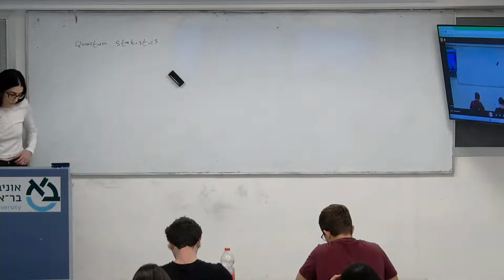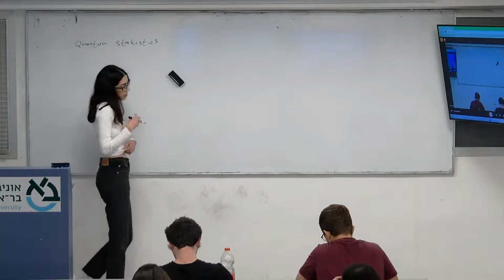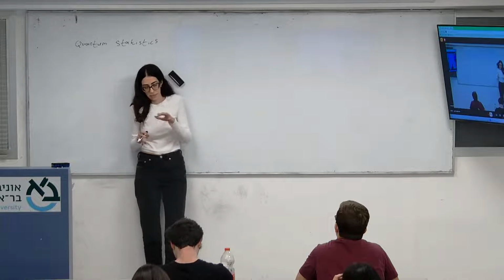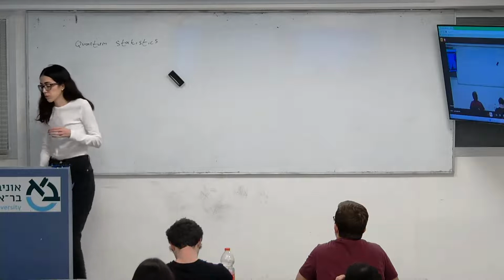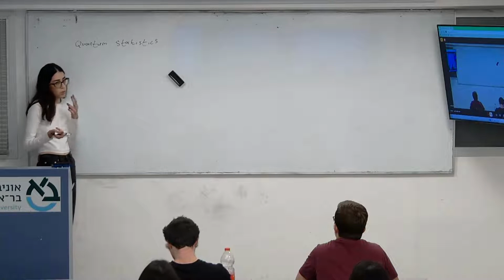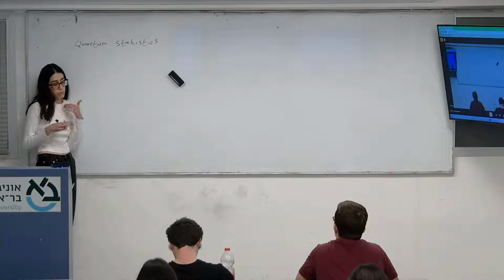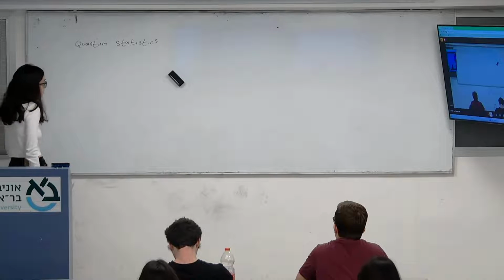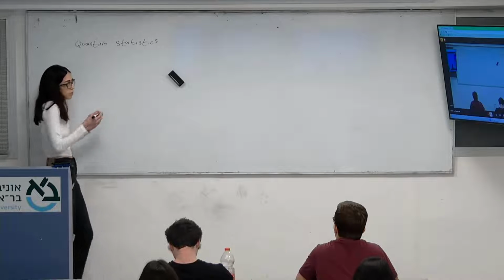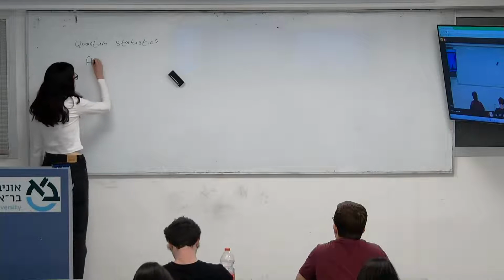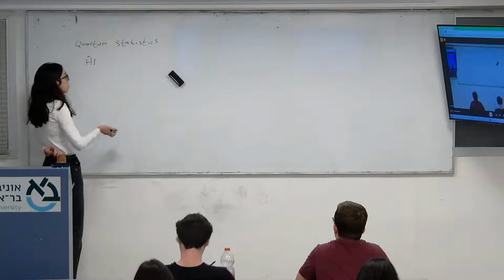So, okay, when we talk about statistics in the context of this course, we have two types of probability. So let's look at some systems. So I have a Hamiltonian, okay, with some eigenstates.